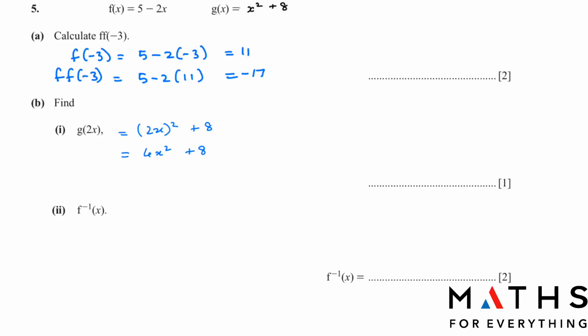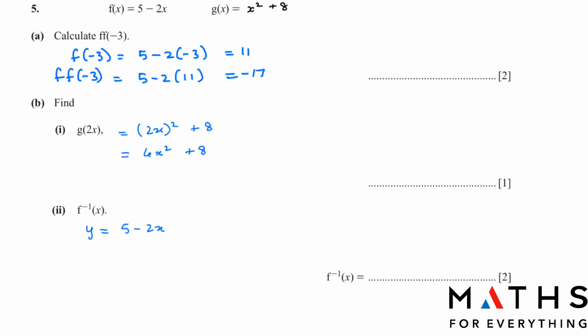And now to find the inverse. To find the inverse, you know that we are going to write f of x. We are going to replace f of x with y is equal to 5 minus 2x. We have to make x the subject. Our subject is negative, so we'll shift that to the left hand side and the y will shift to the right hand side.